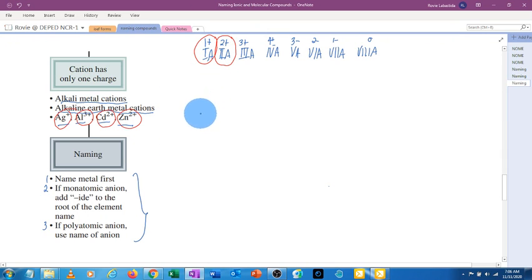Okay. So let's say we have the following ions. We have Na+ and we have O2-. Okay. Let us derive the chemical formula that we can have from these ions. So what we will do is what we call crisscross. Okay.